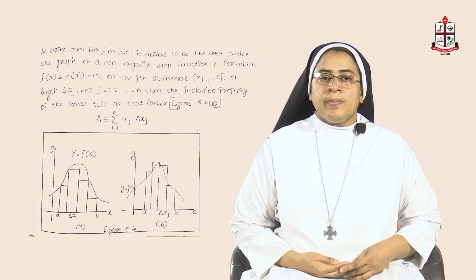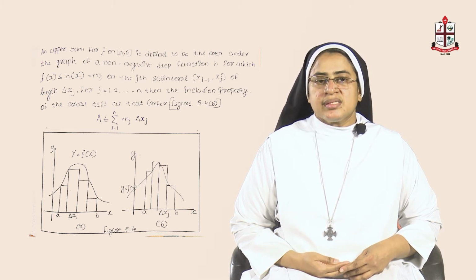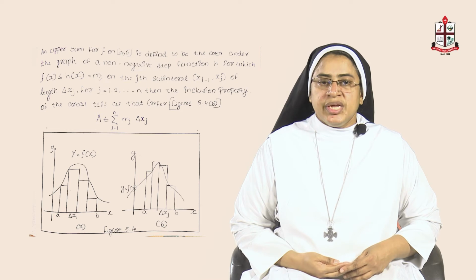By inclusion property again you can see that capital A is less than or equal to sigma j equals 1 to n m j into delta x j.